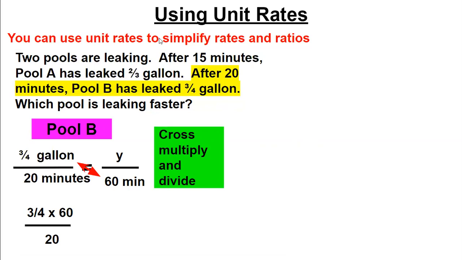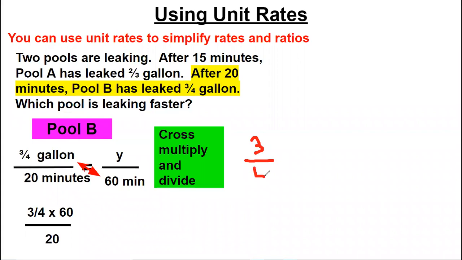So to figure out 3/4 times 60, I kind of have to write it on paper. And by the way, you should be using paper to get your scratch work done. Don't try to do everything in your head, because it's important to see what you're writing. Okay, so now I can cancel out 4 into 60. 4 will go into 60 15 times, and 4 will go into itself once.